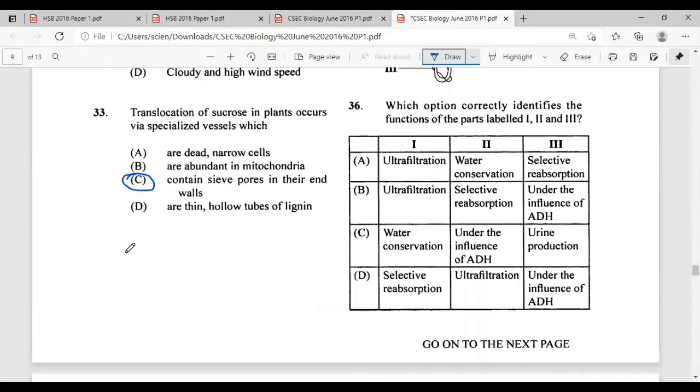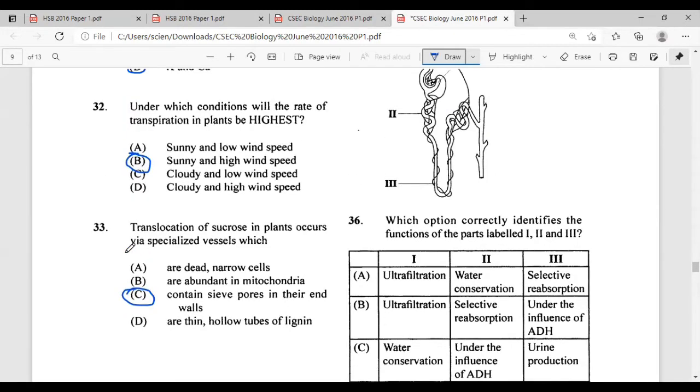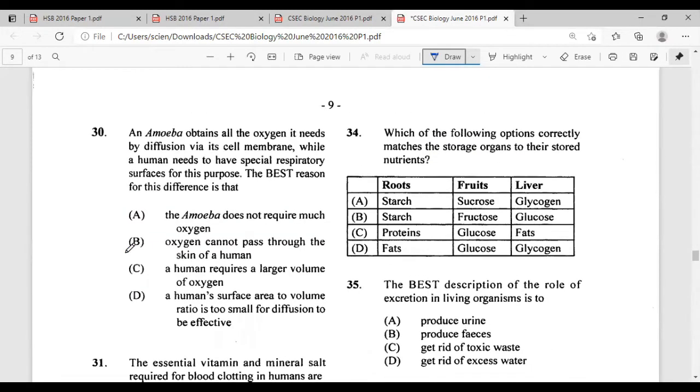So 34. Which of the following options correctly matches the storage organs to their stored nutrients? So we have to find which nutrients would be in these organs. So we have roots, fruits, and liver. So we have A, starch for the roots, fruits, sucrose, then the liver would have glycogen.